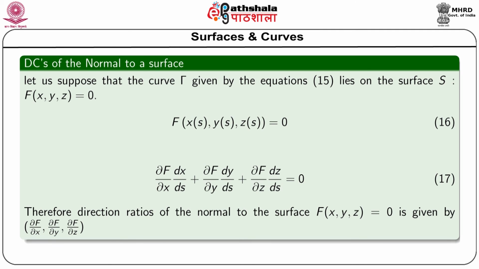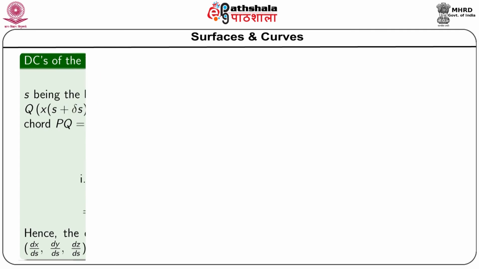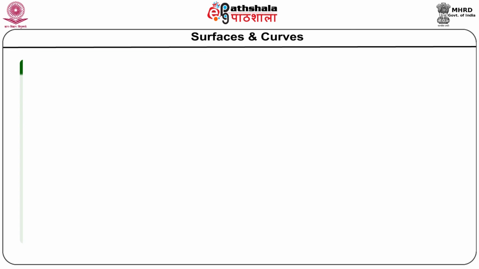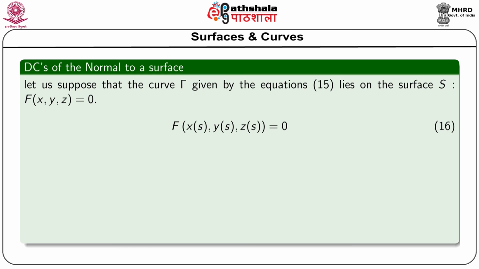We also assume that the equation of the curve gamma is given in parametric form, which is written in equation number 15. Since the curve gamma lies entirely on the surface S, it will satisfy this equation.